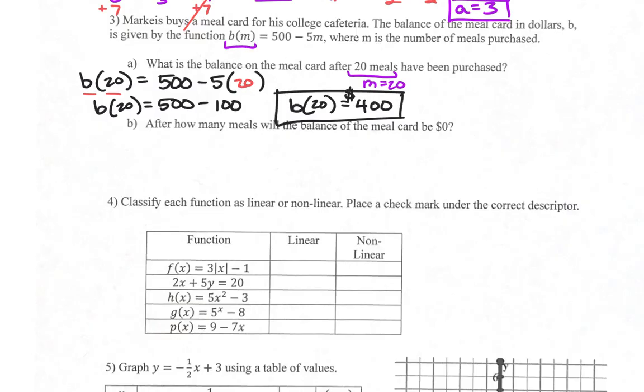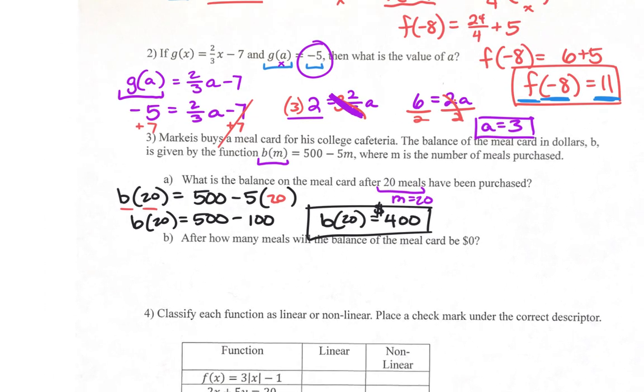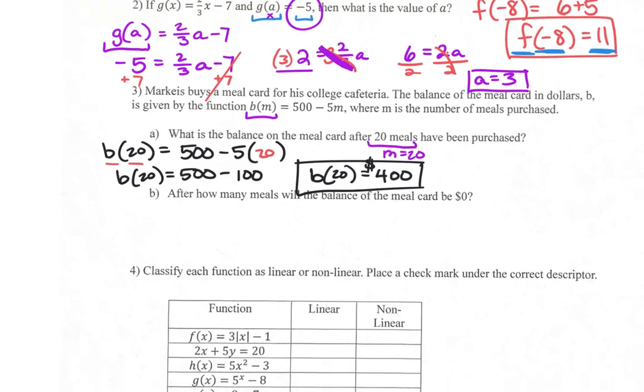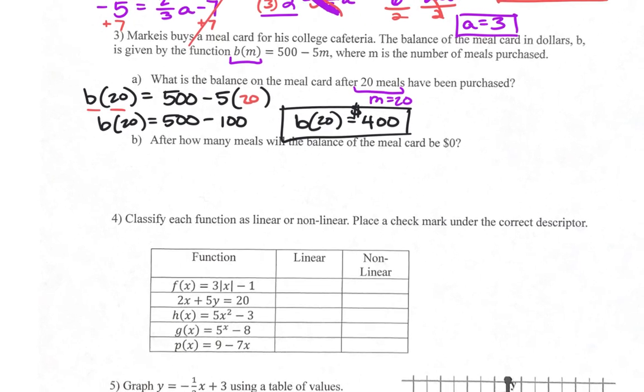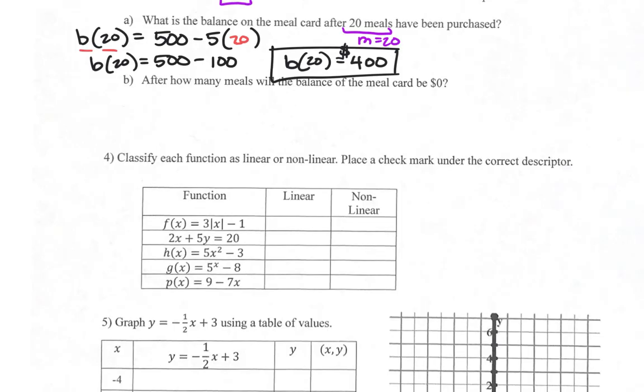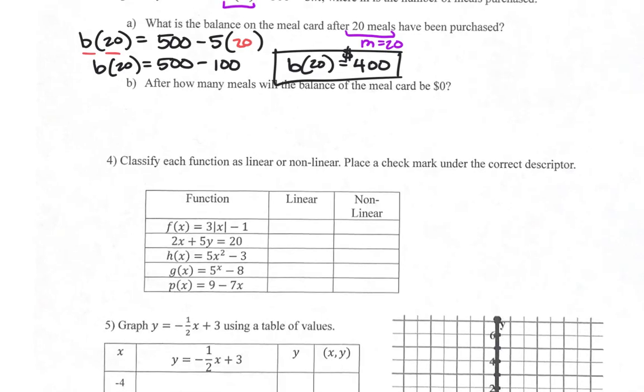Cool. So that 3A was a lot like number 1, where we were replacing the input, in this case m, with a number. Now 3 part B says after how many meals will the balance B equal 0. So in this case, we want his balance to equal 0.